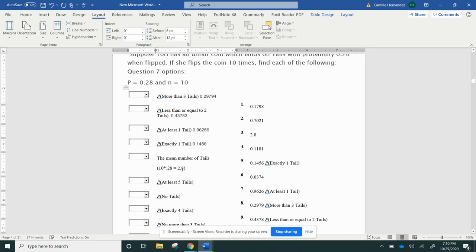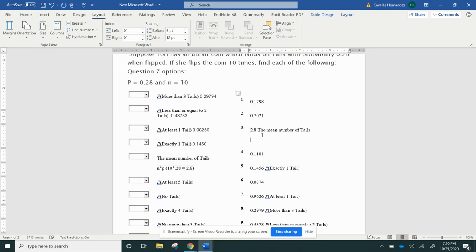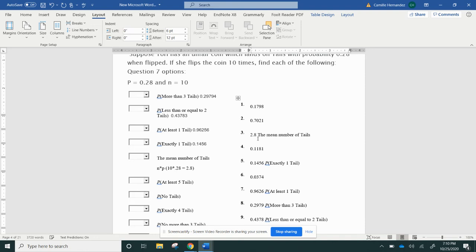Remember, it's N times P. That's how you get that. So the mean number of tails is right here.